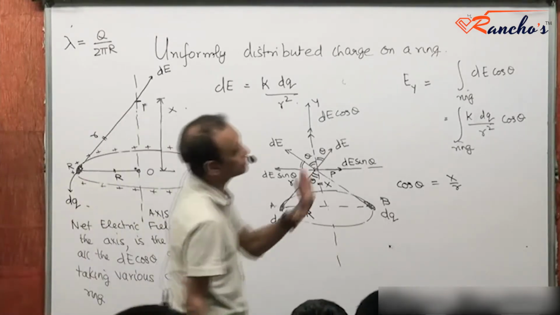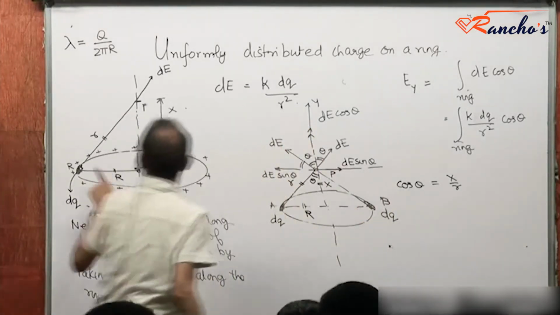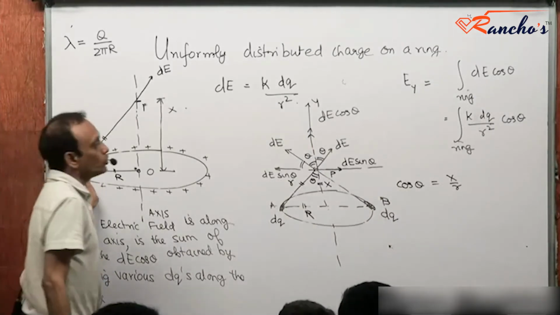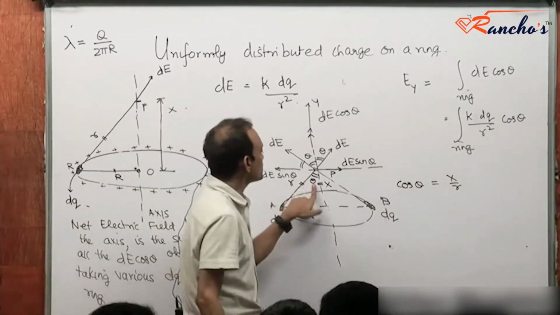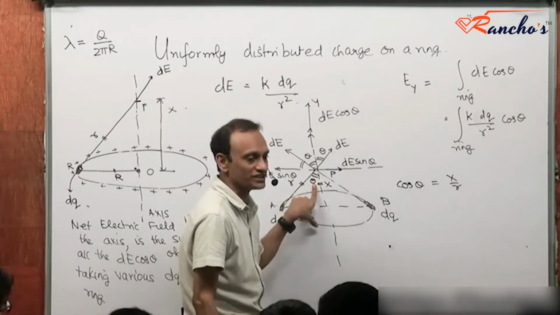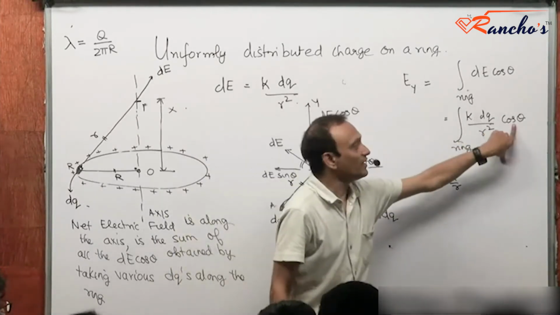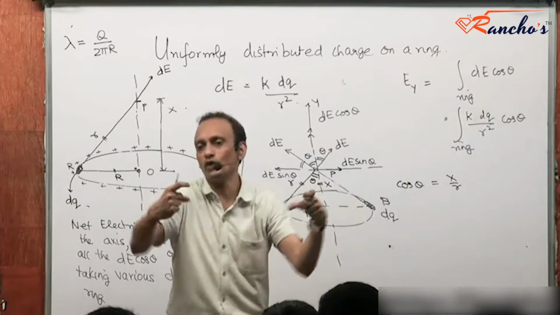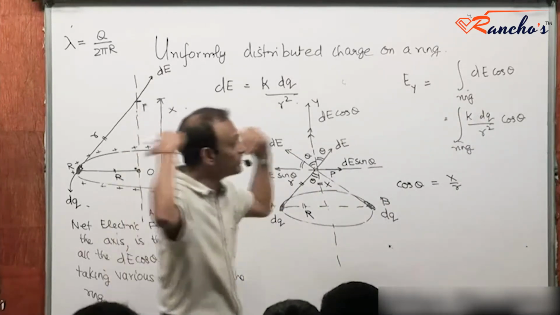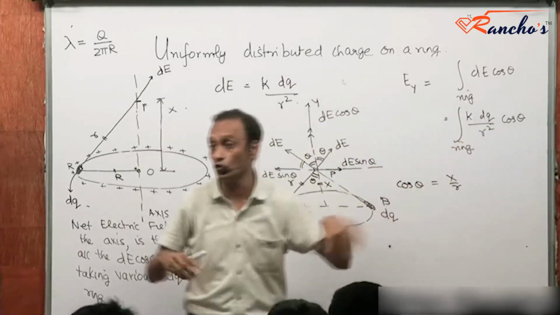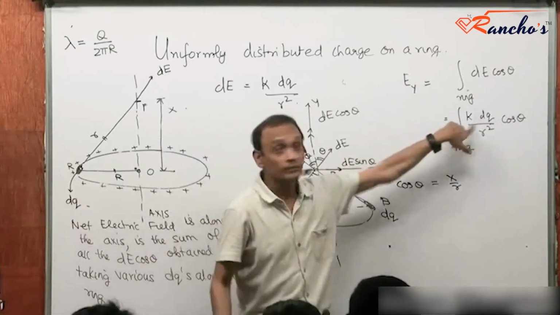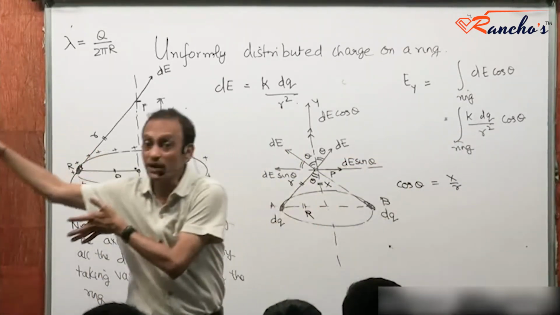Now look, no matter where I take my dq, this is the semi-vertical angle of the cone that will not change. So cos theta will not depend on which dq I have chosen, isn't it? So cos theta will come out. Small r is the slant height of the cone. K is 1 by 4 pi epsilon, it comes out too, right?